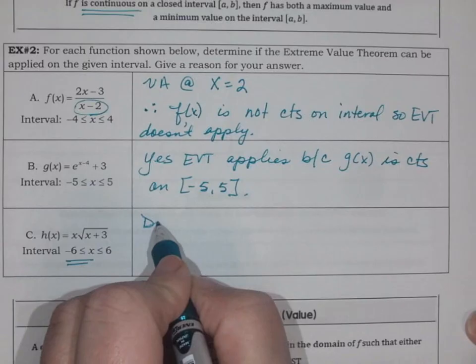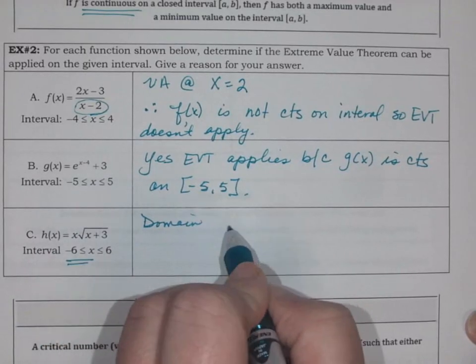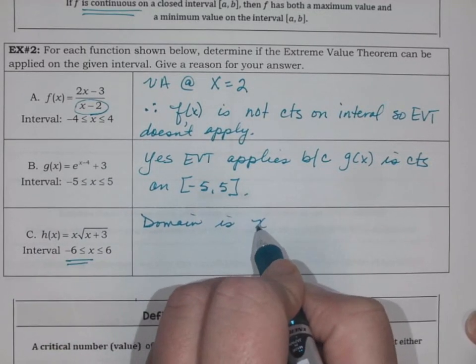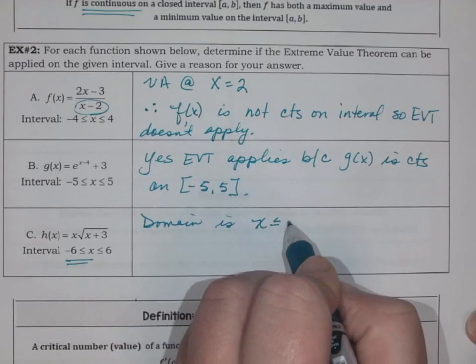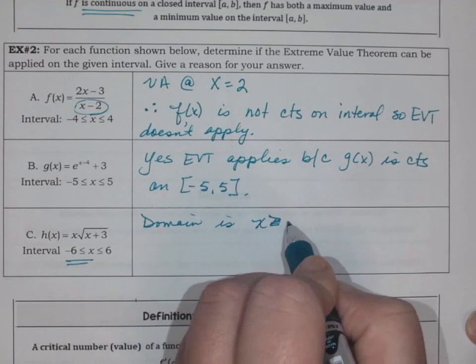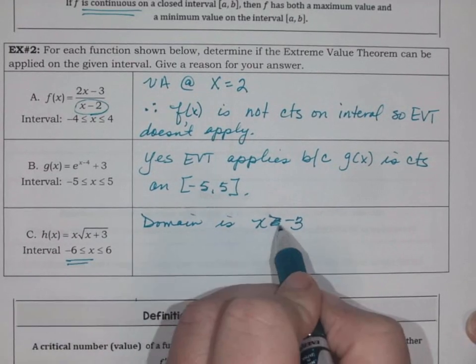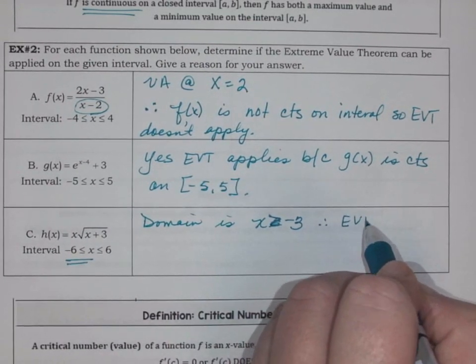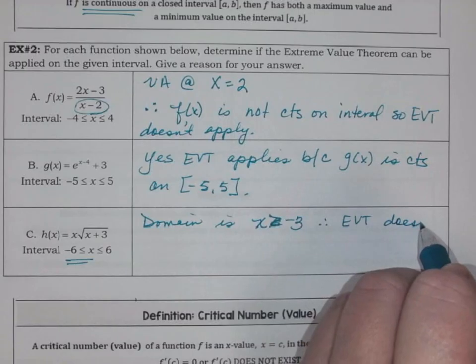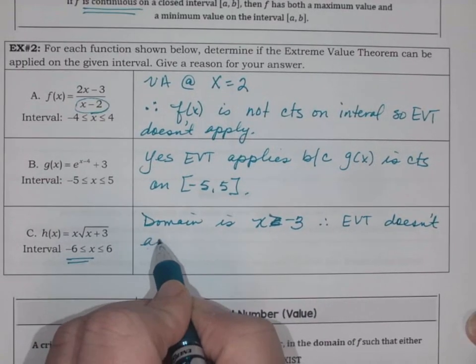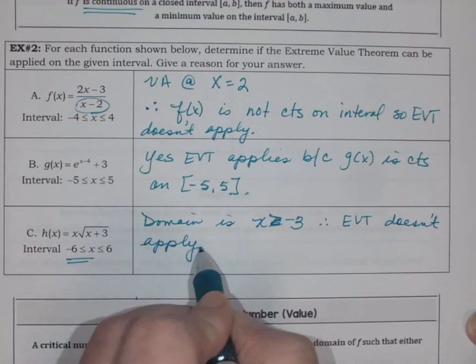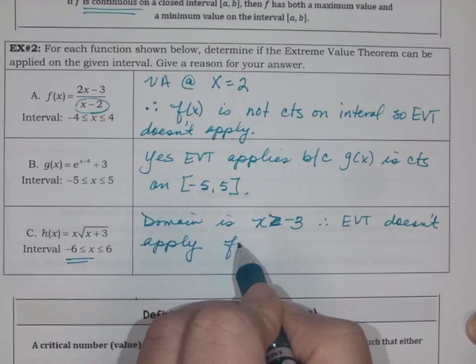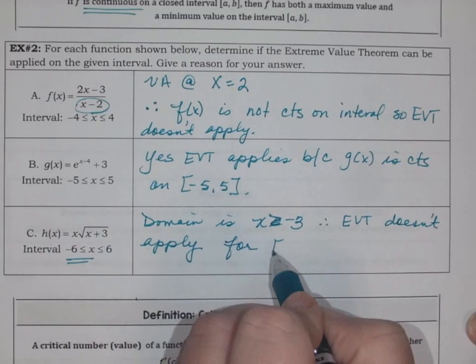So we're going to say the domain is x greater than or equal to -3. You can't go any lower than that. Therefore, EVT doesn't apply for -6 to 6.